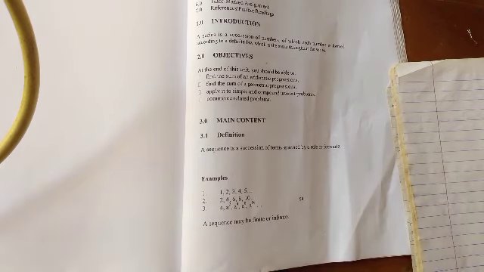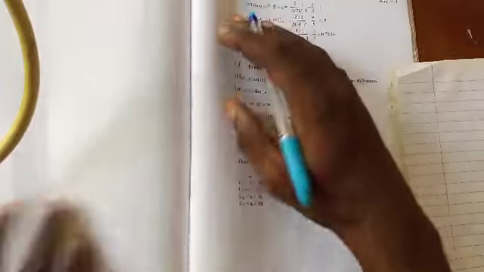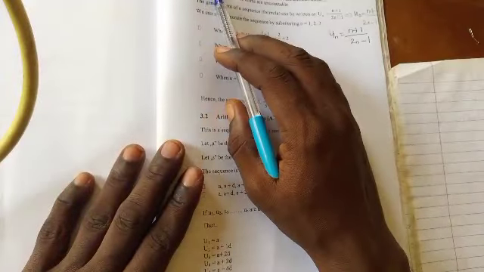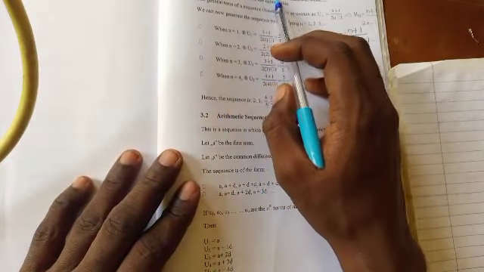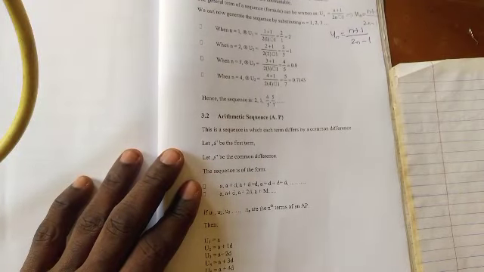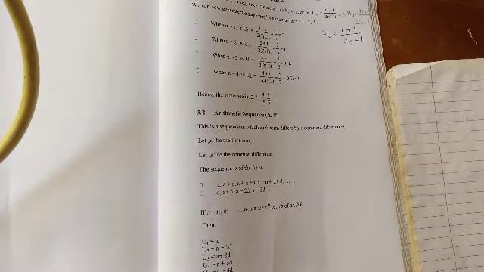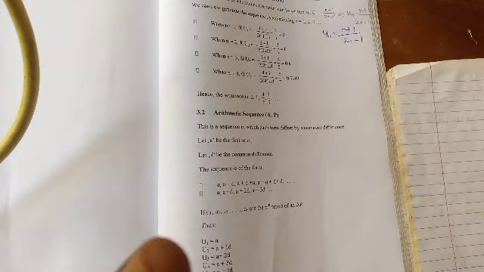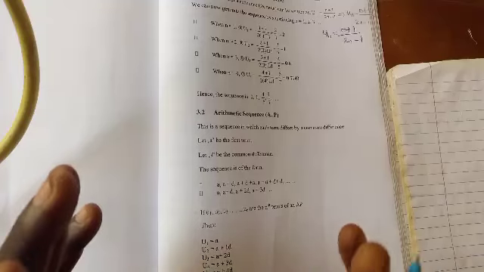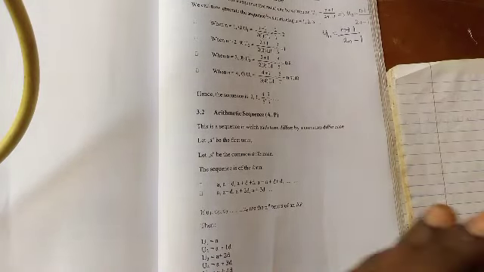Now, from there, they said a sequence may be finite or infinite. What they mean by that is this. A finite sequence is one where the first and the last elements are known. That is, if you are talking about a finite sequence, it has a first term and a last element.